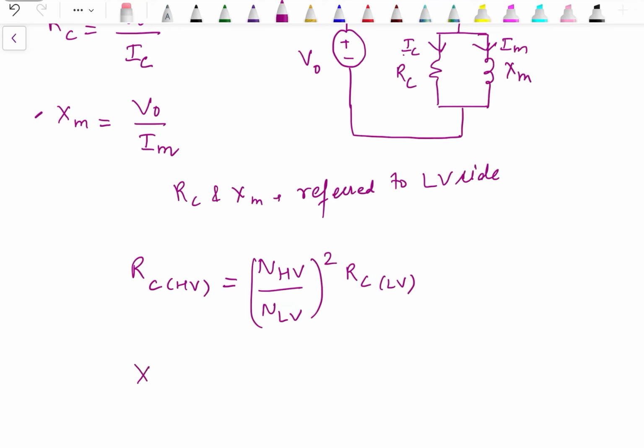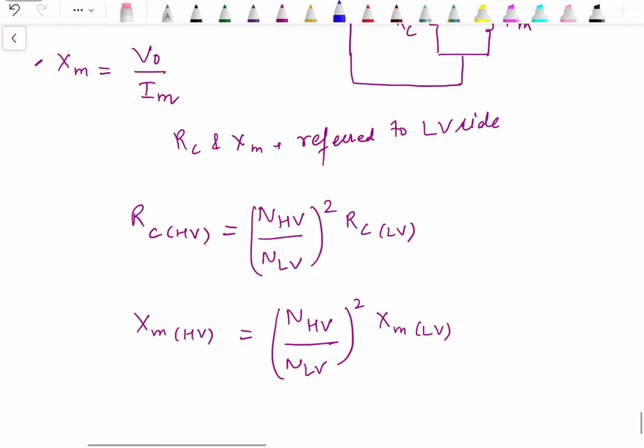And similarly, XM on the high voltage side can be calculated as NHV upon NLV, whole square, into XM on the LV side. So if we have to draw the referred circuit on the high voltage side, we need to keep this in mind. So we can summarize that from the open circuit test we can obtain the core losses, RC and XM.